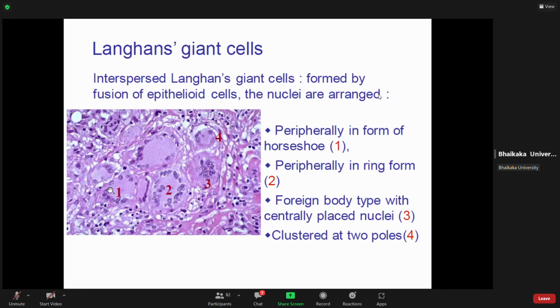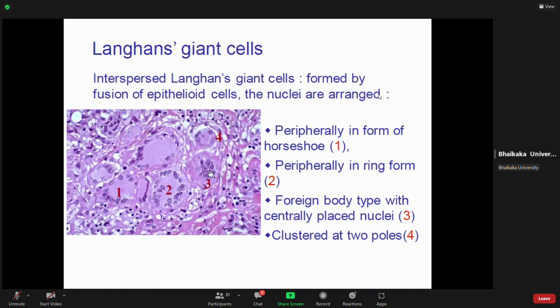So here you can see number 1 as horseshoe shaped nuclei arrangement in the Langerhans giant cell. Number 2, peripherally in the ring form. Just below the cell wall, the nuclei are arranged throughout in a circular fashion. That is the second arrangement, known as ring form arrangement of the nuclei in Langerhans giant cell.